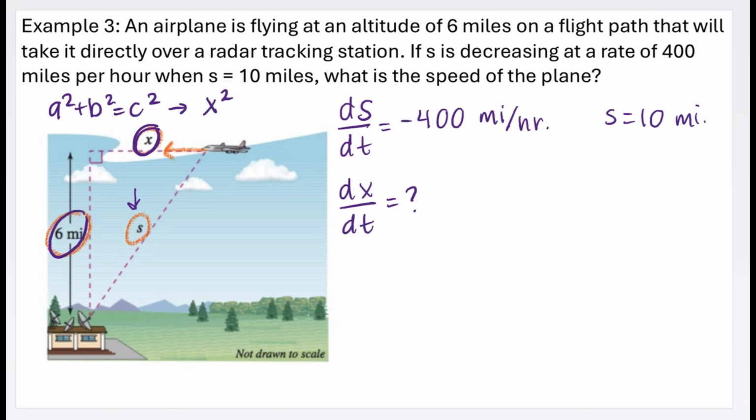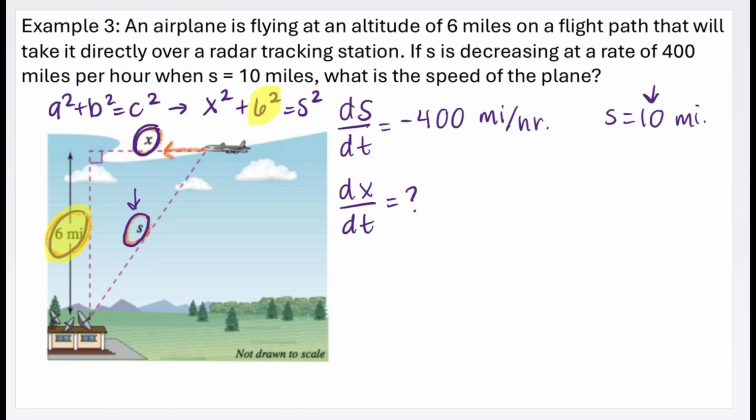One of my legs is 6, and that's not changing, so I'm going to go ahead and plug in the 6 squared. And then one of my legs is s squared. Now, I know that s is going to be 10, but that value is changing. Okay, s isn't always 10, so I'm not going to put that value in now. The only value I can currently put in now is the 6, because that 6 miles that the plane is up in the air for this problem is not changing. It's having that constant altitude.